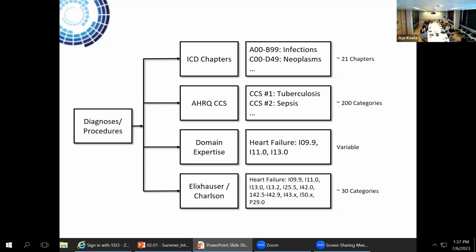These codes have different versions. The current version in the US is ICD-10. A code looks like a letter followed by a series of numbers, and it may or may not have a letter at the end. Now, this ICD system is just another way of categorizing diseases. It's done for two reasons.